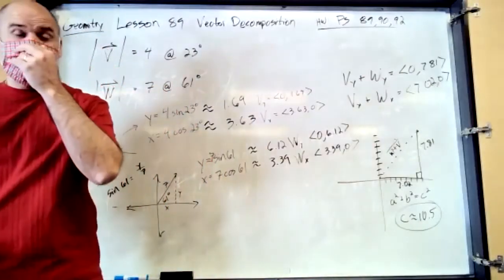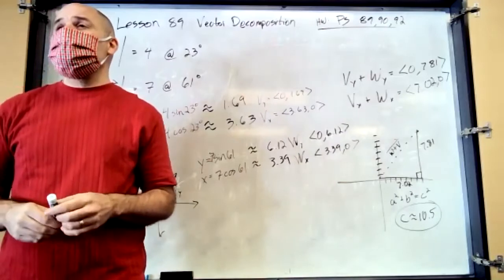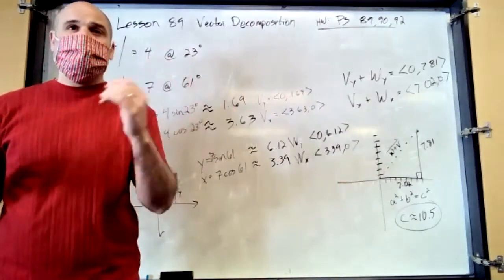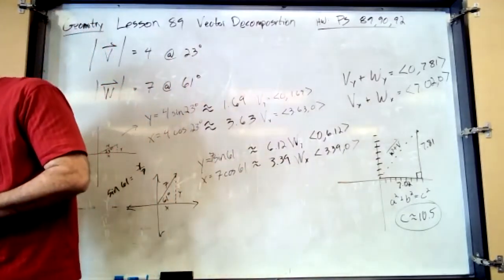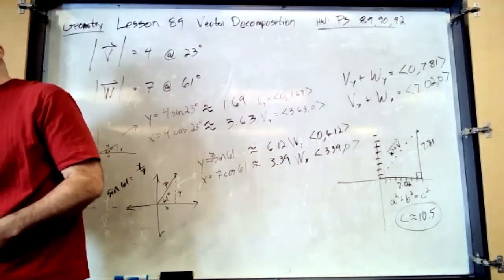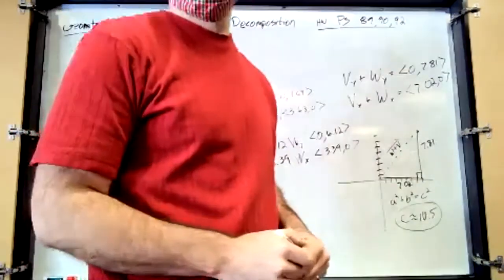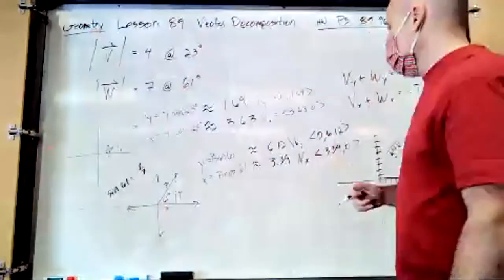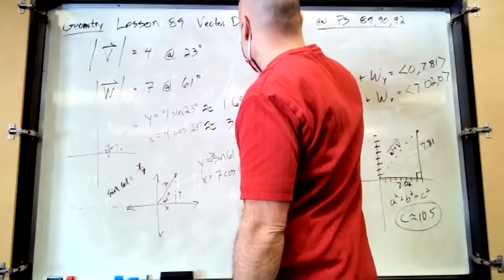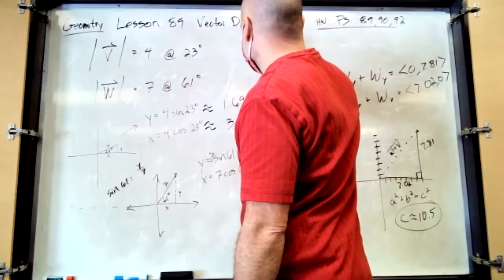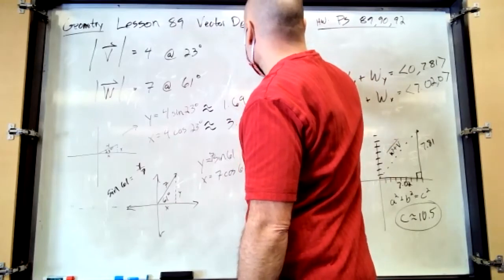Okay, it doesn't have to just be two, you can add 3 vectors. The one thing I was going to mention is what if it's at 90 degrees? How do you figure out a vector at 90 degrees? Let's call it vector x.